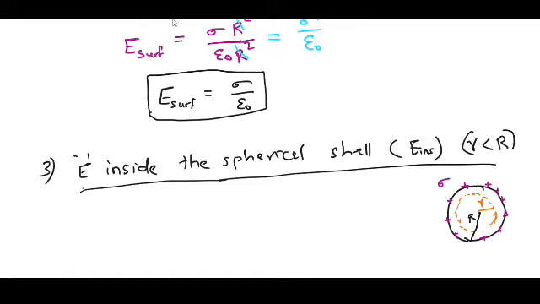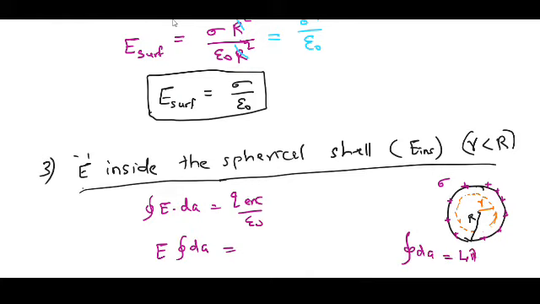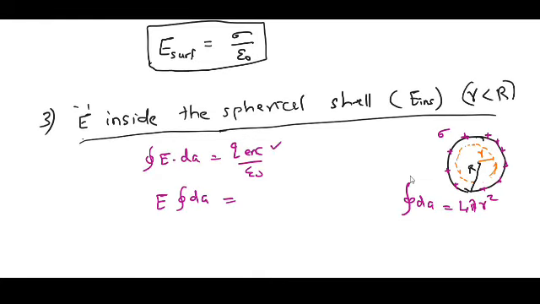Therefore, while using Gauss's equation, E dot dA equal to Q enclosed divided by epsilon 0, instead of integral dA we can substitute the surface area of the Gaussian surface, that is 4 pi small r square. Then we need to calculate what Q enclosed is. Q enclosed means the total charge enclosed by the Gaussian surface.